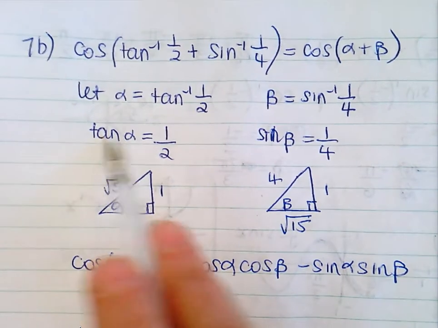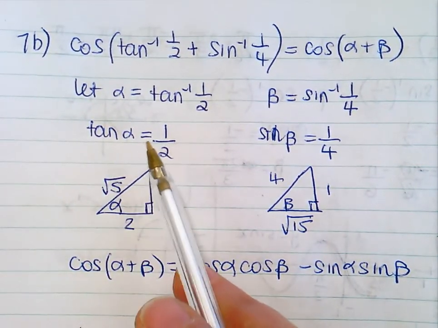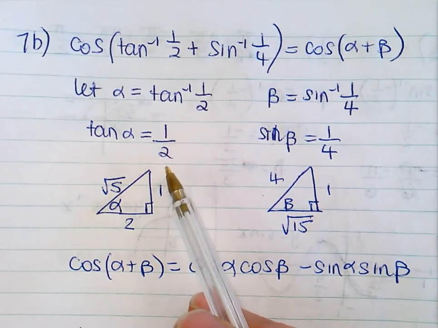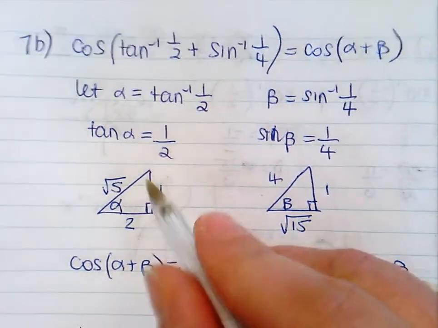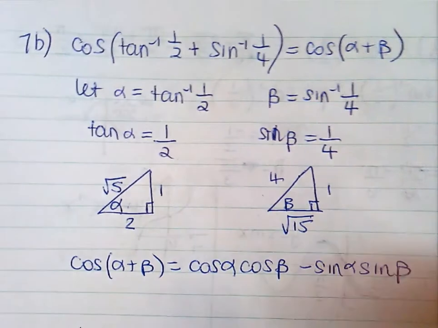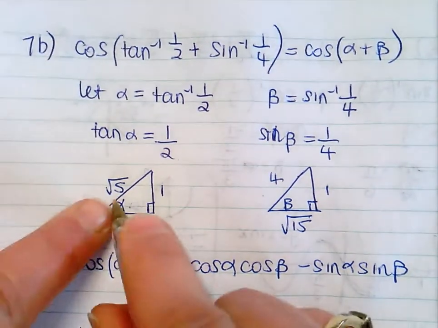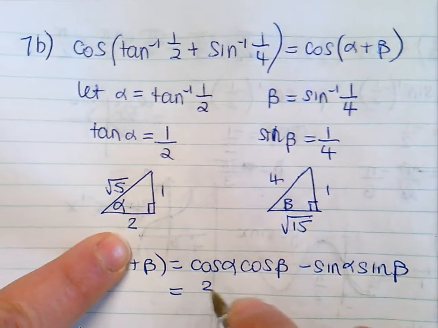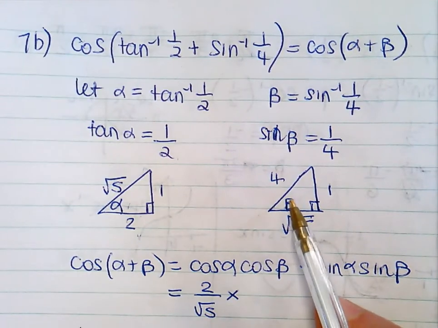So girls, once you know tan alpha is 1/2, SOHCAHTOA, right angle triangle trigonometry. It's right angle trig. If you know any one ratio, you automatically know the other two by drawing the right angle triangle. So here, what's cos alpha? 2 on root 5. What's cos beta tells me to go to the other triangle.